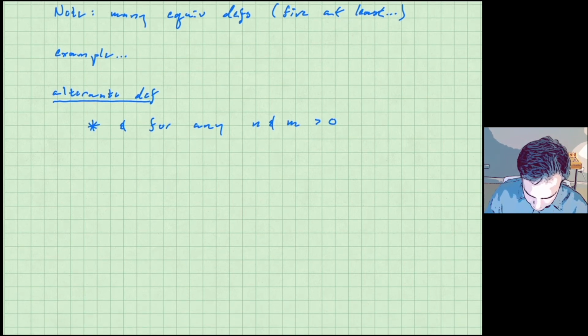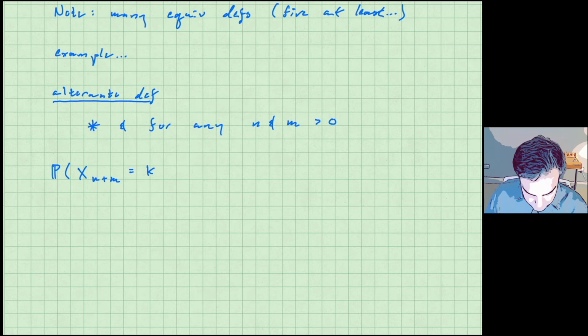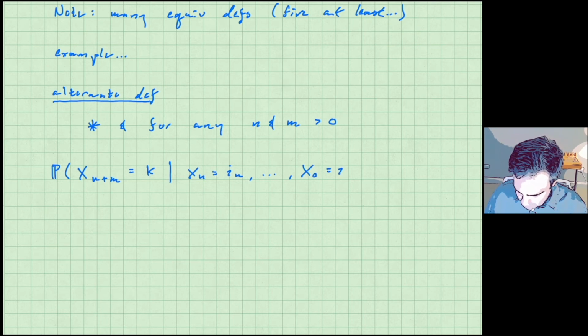It's a very similar one. So here's the statement of the Markov property in this alternate definition. On the left-hand side, we say x sub n plus m, the probability that this is equal to k, given the following things: x sub n is equal to i sub n, dot dot dot, down to x sub 0 is equal to i sub 0.